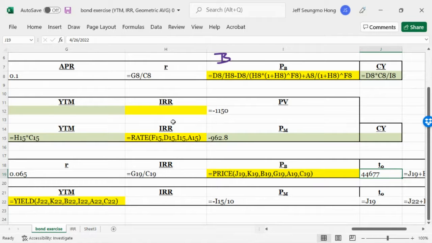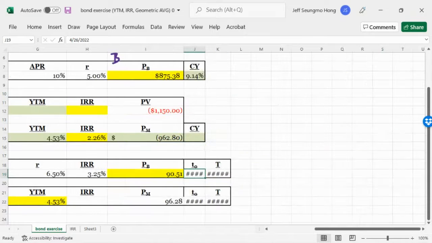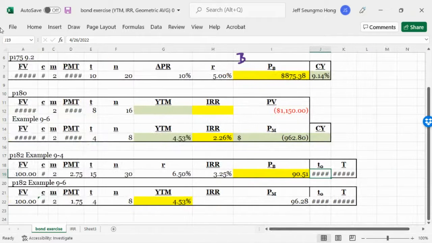All right, let's turn it back to normal view. Back to normal view.